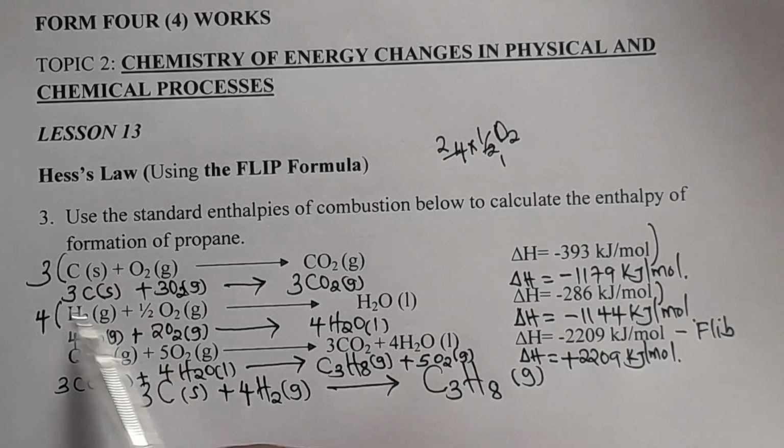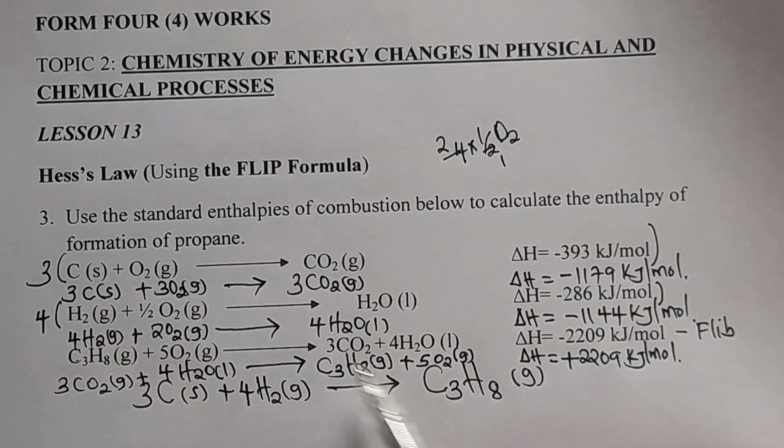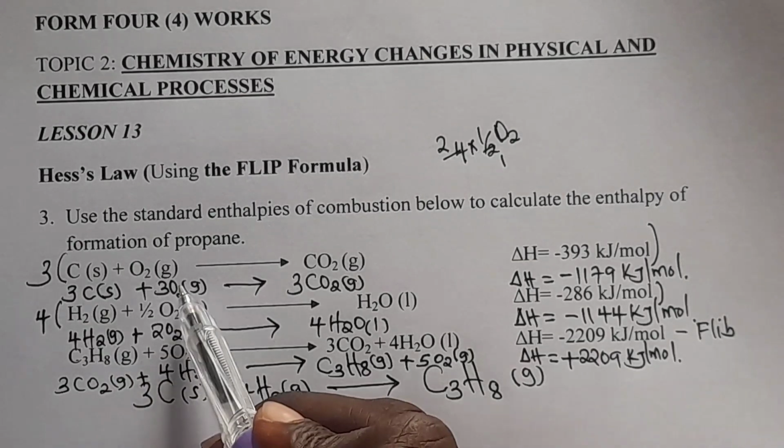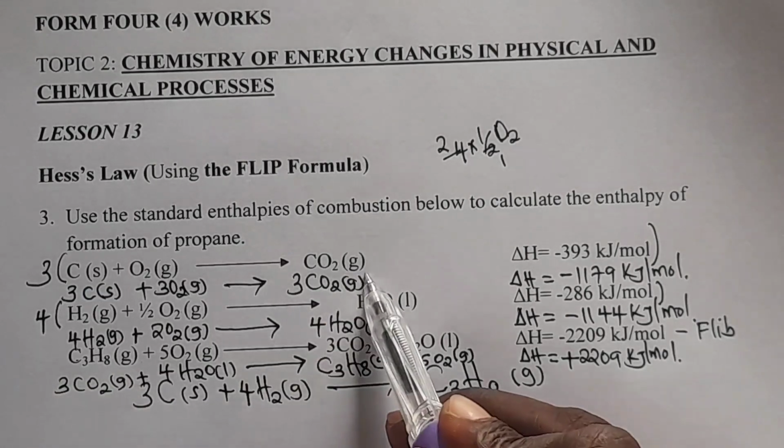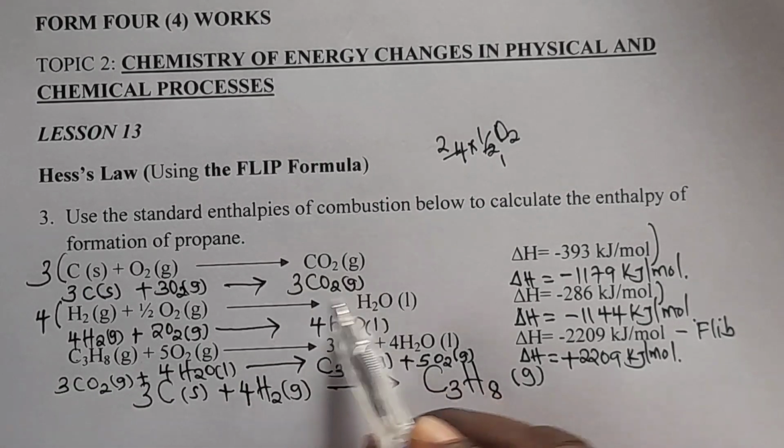Next, what we are going to do is eliminate the substances found on the reactant side if they are also found on the product side. Let's start with the 3 moles of carbon dioxide on the reactant side, and here we have 3 moles of carbon dioxide on the product side.